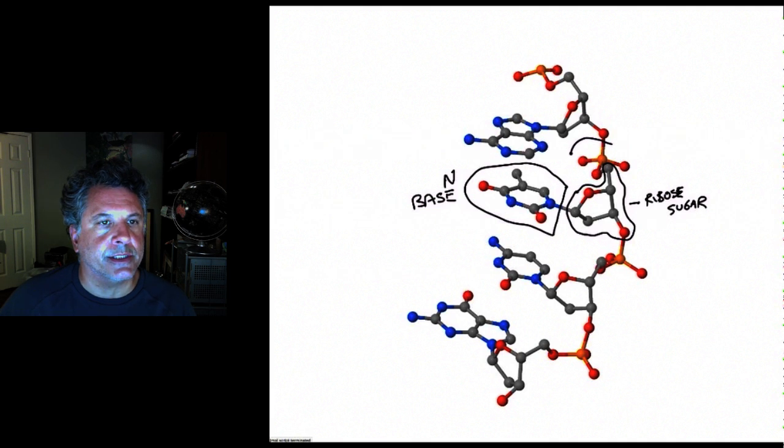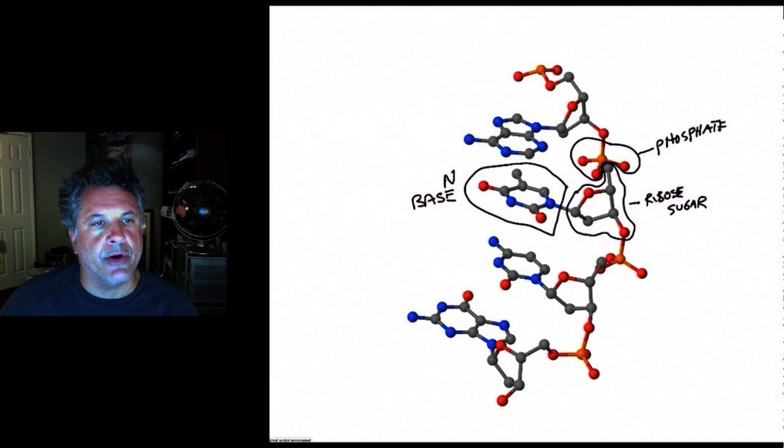Phosphorus plus oxygens. And those are the three components of every nucleotide in a DNA polymer. So the nucleotides are the monomers, and DNA is the polymer. So that now we can consider the linkages that connect the various atoms of the molecule.